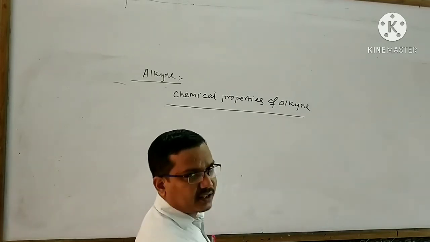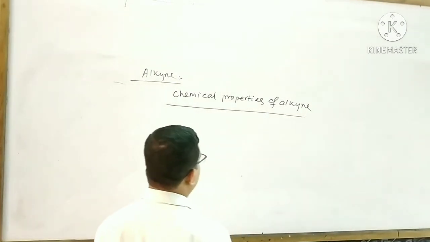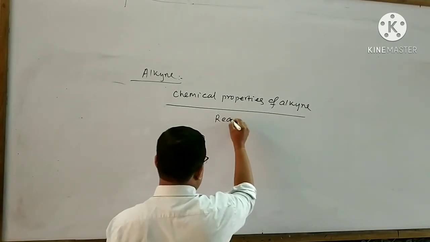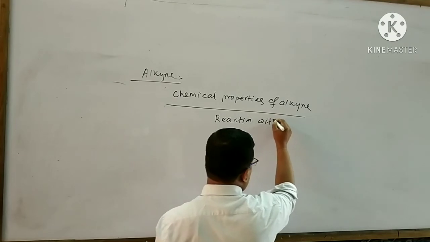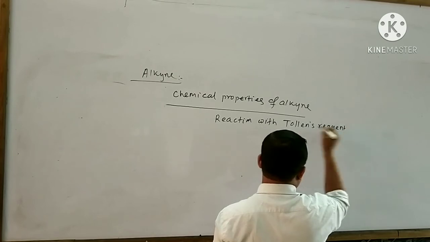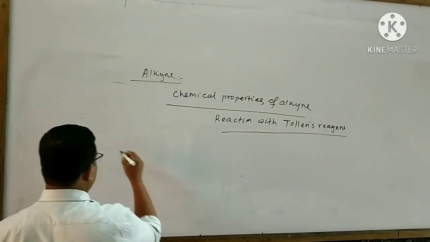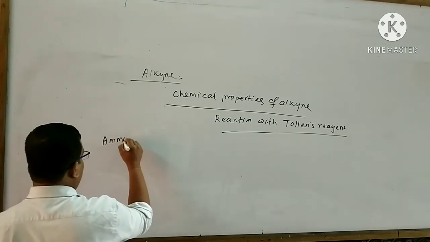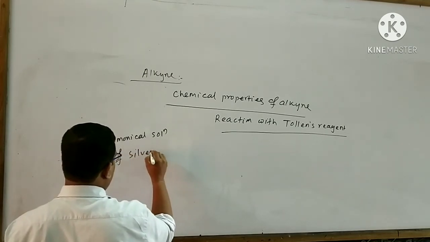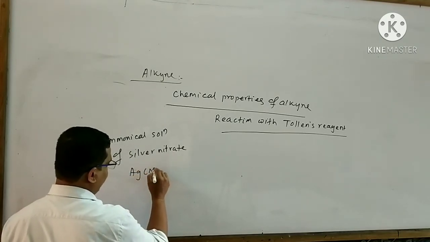Next, I will explain another reaction which clearly explains the acidic nature of alkynes. That is the reaction with Tollens reagent. What is Tollens reagent? Tollens reagent is the ammoniacal solution of silver nitrate.